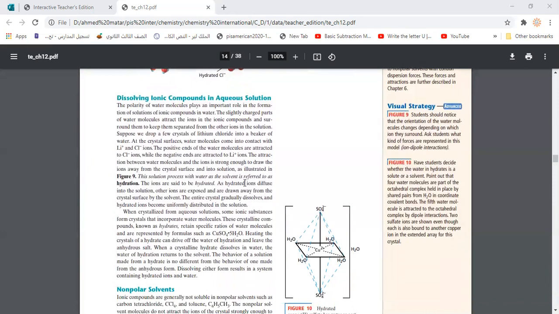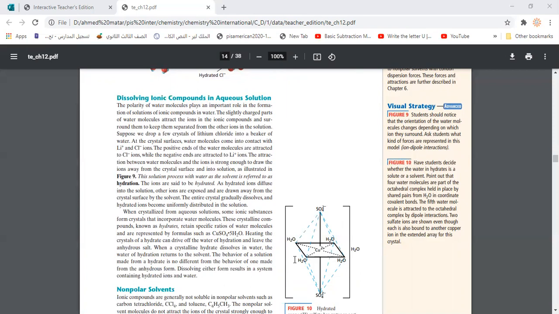Sometimes we find that some compounds already keep some water in their structure, and we call them hydrates. Hydrates are chemical substances whose structure already contains some water, arranged in a certain pattern in their crystals.